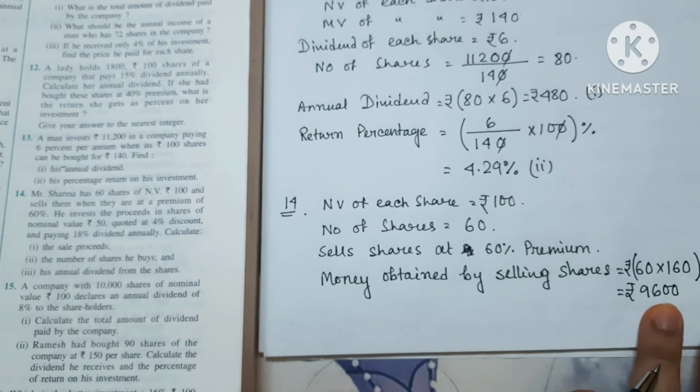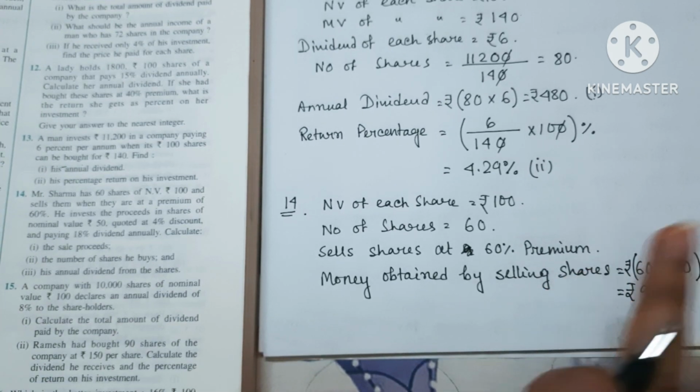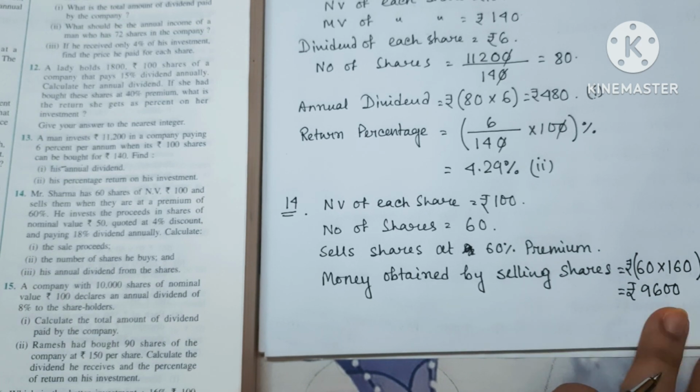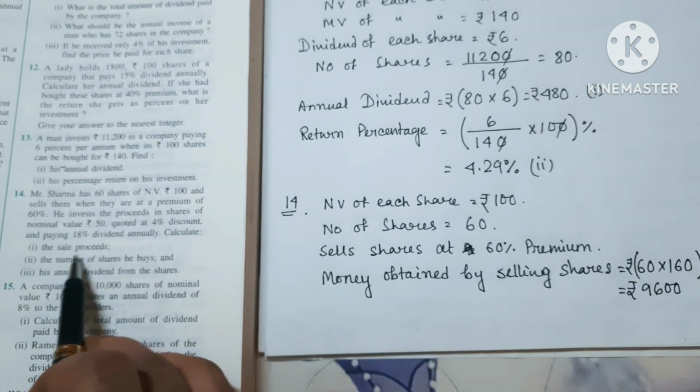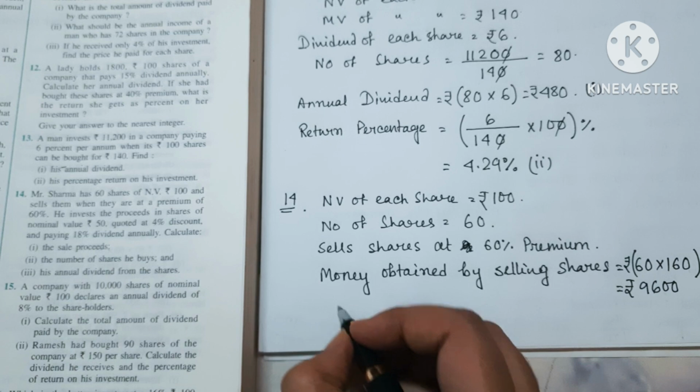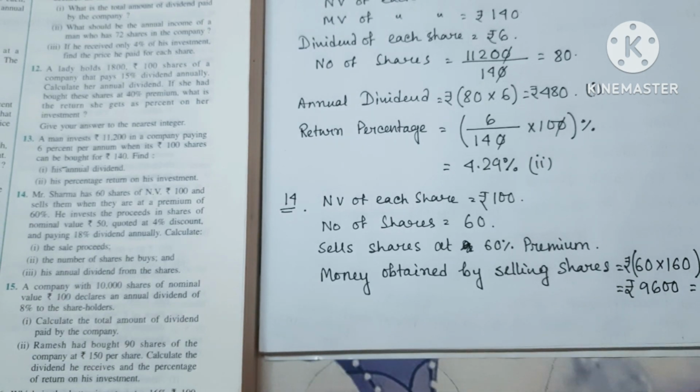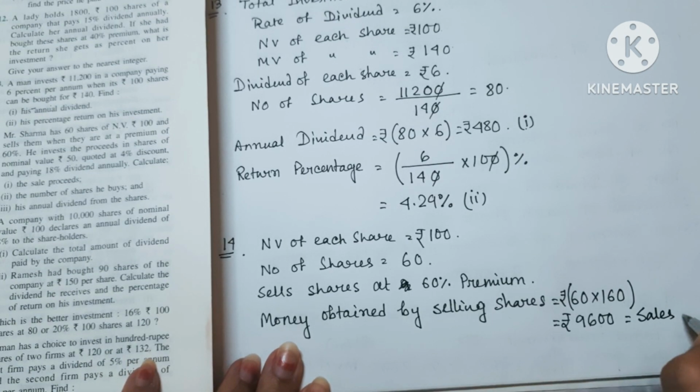This is the money obtained by selling the shares, the sales proceed.